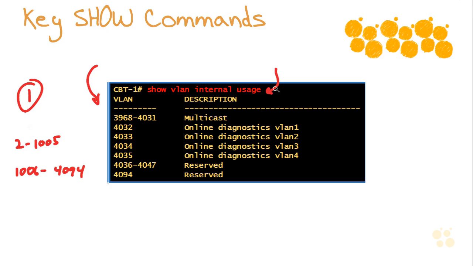Hopefully you can use this command and you'll see just which of the VLANs the internal system is using and what it is using them for. You can clearly see in my example here, VLANs 3968 through 4031 are indeed being used internally for multicast operations.